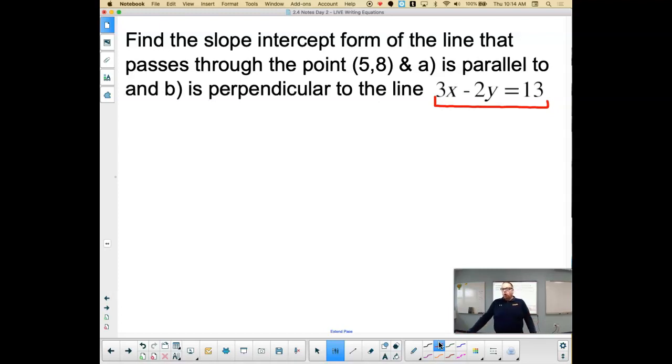One word, could be a number or a word, and then one letter. How are we going to find the slope of this line?